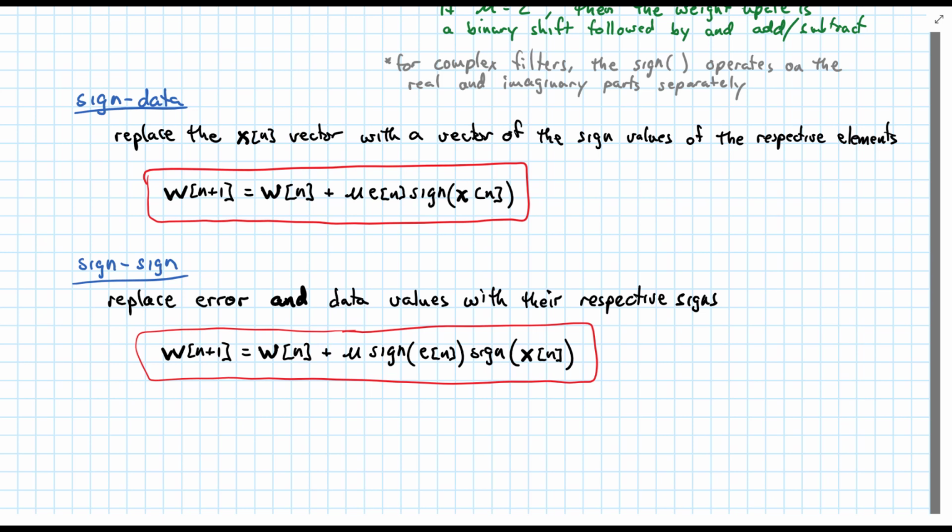The disadvantage is, since we're using the sign of the error and the sign of x, small errors will still result in the same size update as a large error would, which is inefficient. And we can't really take into account the contribution of x to the total error, because we're just looking at its sign, not its magnitude. So as a result, we have to pick a really small mu to make this work.